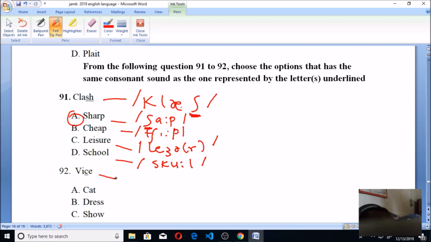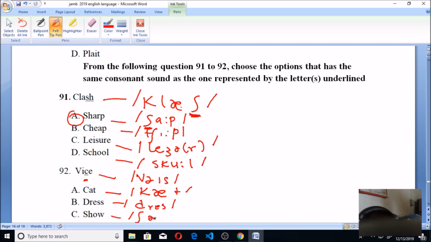Now we look at the next question, vice. When we're looking at the S, you can see what is on the line. So what is the oral transcription for vice? Then we have cart, we've already seen cart before. Then we have dress. Then we have show.